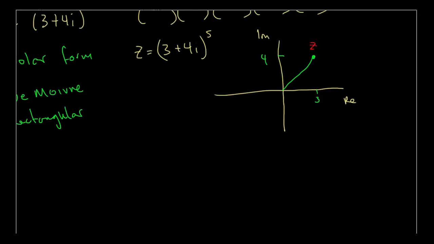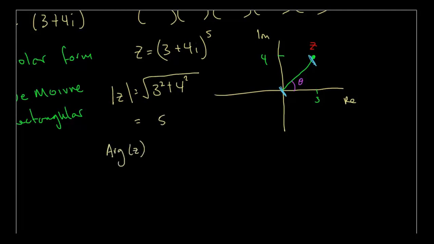Now, which angle do I need to calculate? I need to calculate this angle theta, and the modulus would be this distance. So the modulus of z is equal to the square root of 3 squared plus 4 squared, which is equal to 5. Now what about the argument of z?